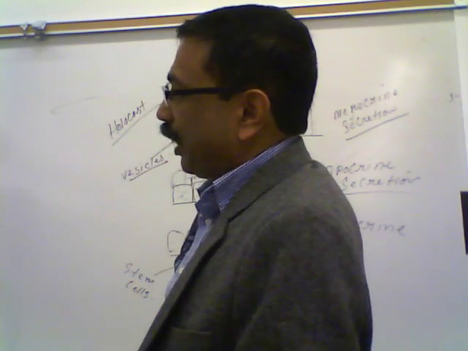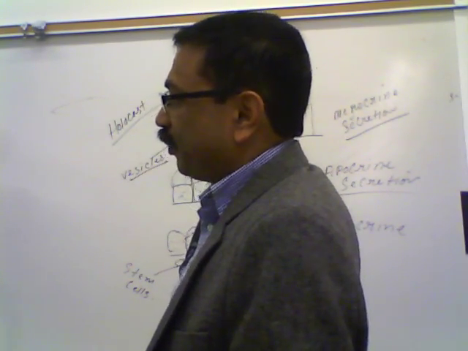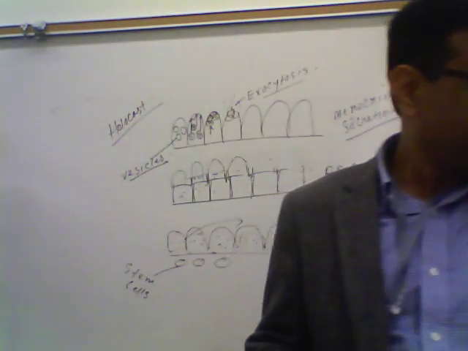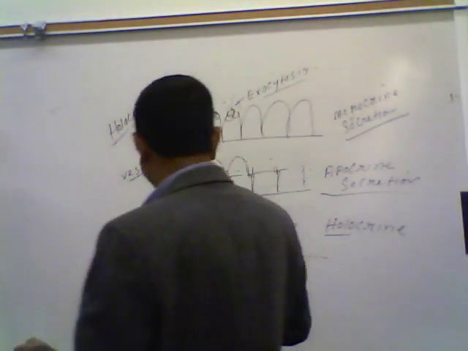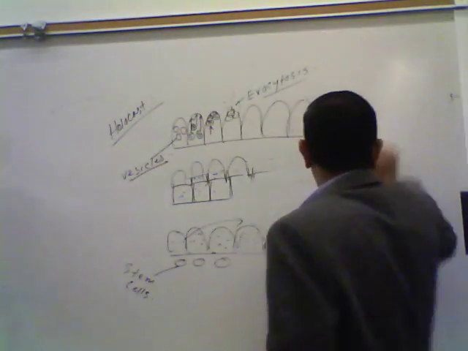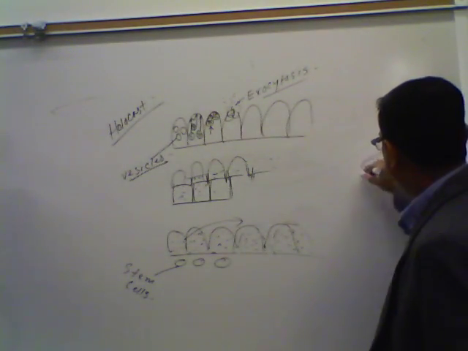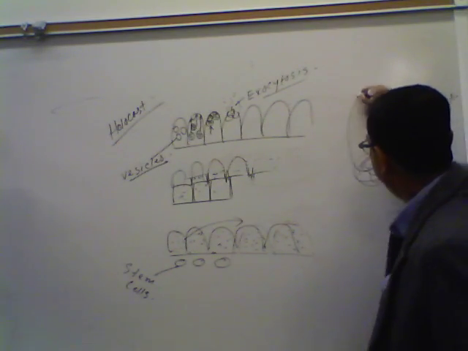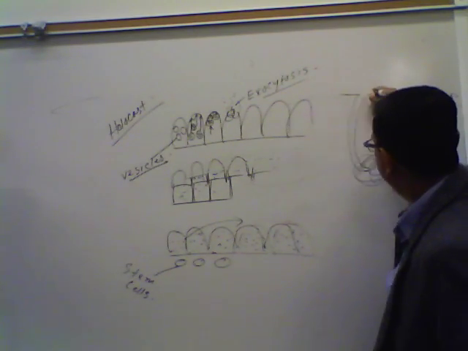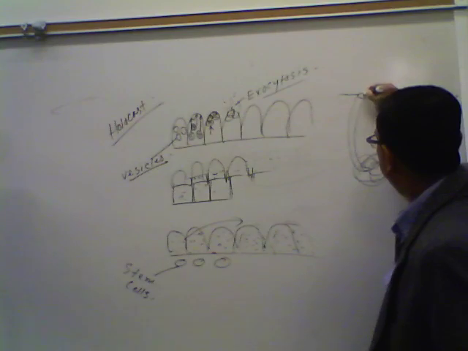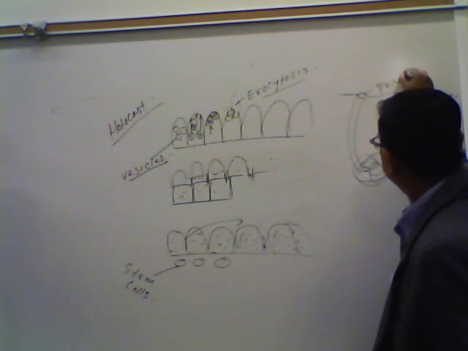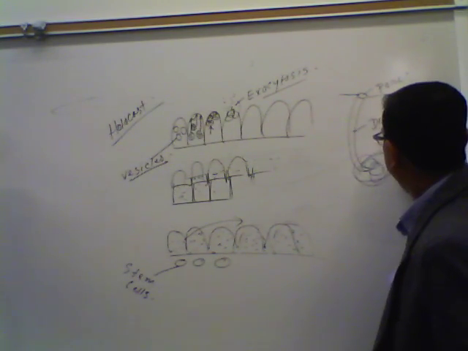Ducts connect to the pores. So from the eccrine sweat gland, a duct arises. Eccrine sweat gland is like a coiled tube, and from there a duct goes to the skin surface. This is the pore. This is the duct tube.